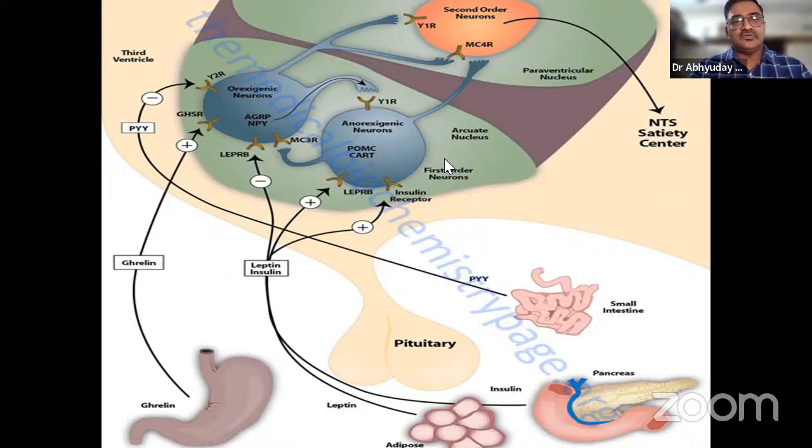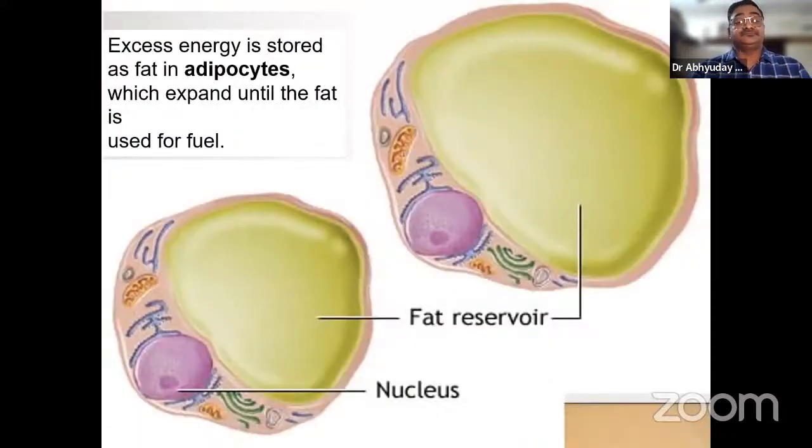So this is the interplay from the small intestine, pancreas, adipose tissue, and ghrelin from the stomach, which ultimately has an effect on hypothalamic nuclei and control of satiety and hunger. So this was again the same, briefly.